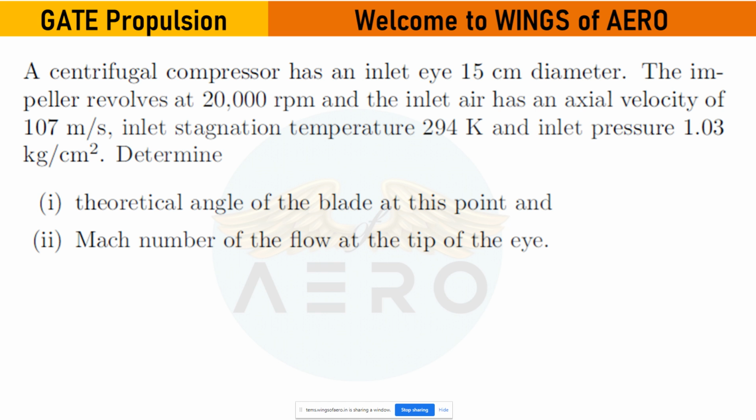The inlet stagnation temperature is 294 Kelvin and the inlet pressure is 1.03 kg per centimeter square. Determine the theoretical angle of the blade at this point and the Mach number of the flow at the tip of the eye.